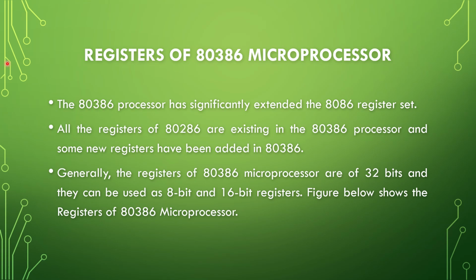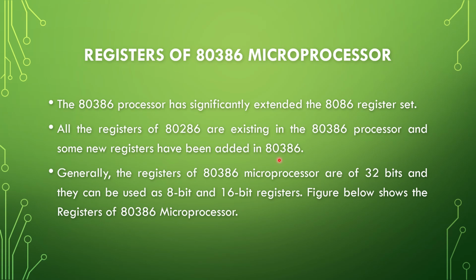So we can say the 80386 processor has an extended 8086 register set, and all the registers of 80286 exist in the 80386 processor, and some new registers have been added in 80386. Generally the 80386 microprocessor is 32-bit and can be used as 8-bit and 16-bit.